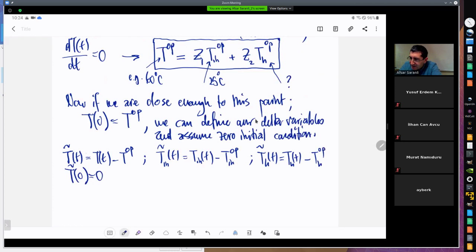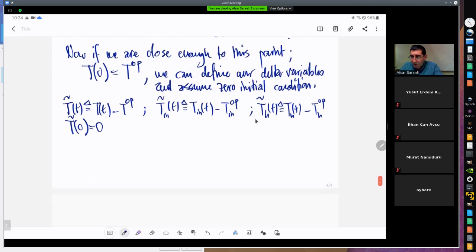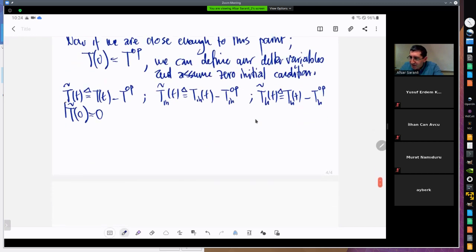Okay, so these are definitions. We define our delta variables. That gives us the initial condition equal to 0 that is required for transfer function representation.